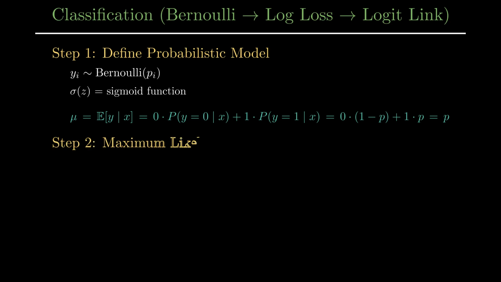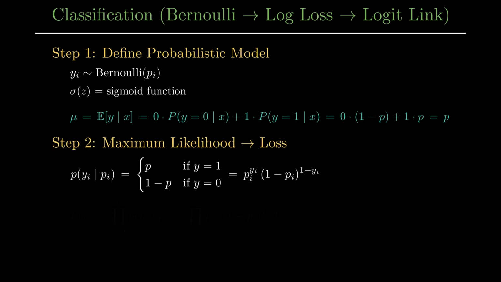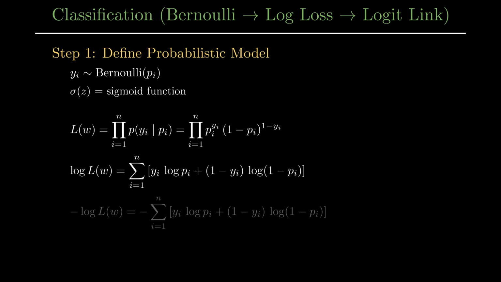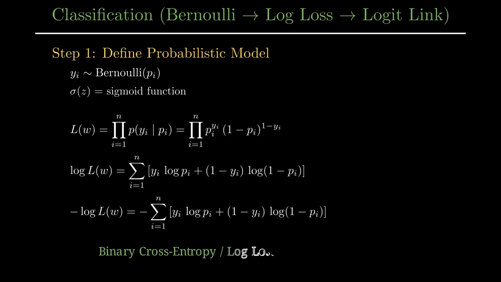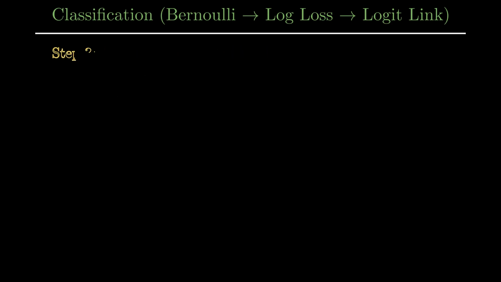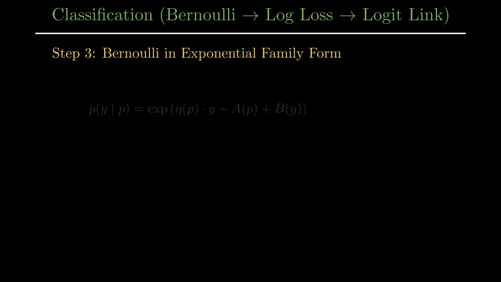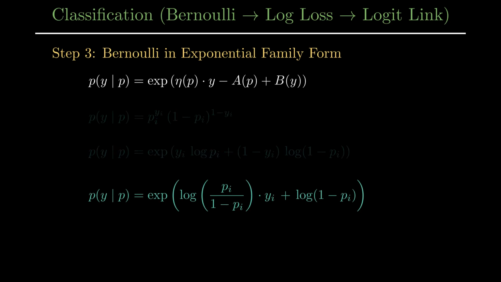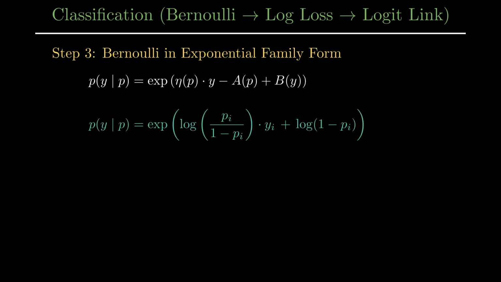We repeat the same procedure, maximum likelihood estimation, to obtain the negative log likelihood, which gives the binary cross-entropy loss, also called log loss. The link function becomes the logit function. Logit is the name of the function, while its output is called the log odds, since it is literally the logarithm of the odds.